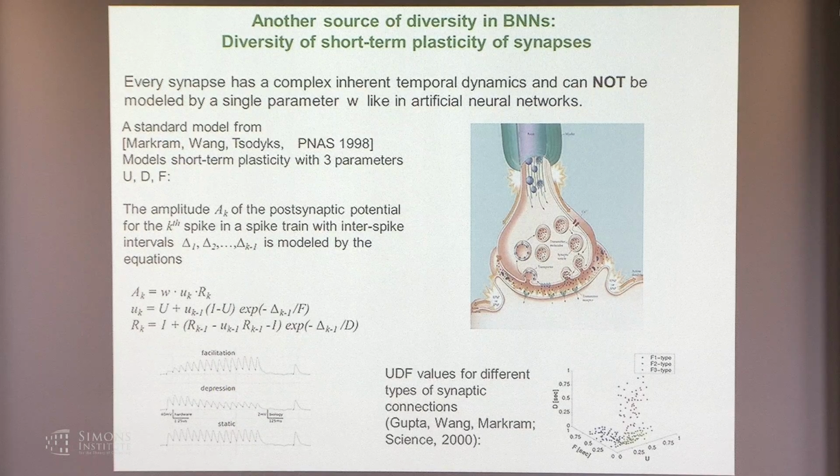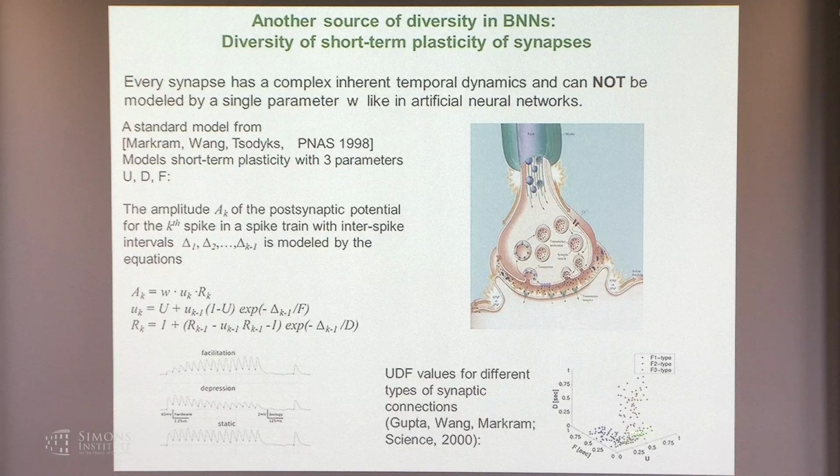In the literature on neurophysiology, one very often uses this model from Markram et al., where one uses 3 parameters, U, D, and F, to characterize this kind of short-term plasticity of synapses. When you look here in the 3-dimensional space, UDF, each dot is one measured synapse, and you see hardly any 2 neurons have exactly the same short-term plasticity.